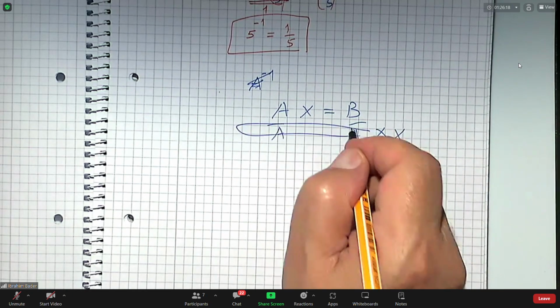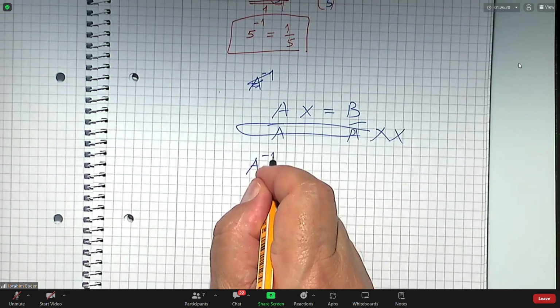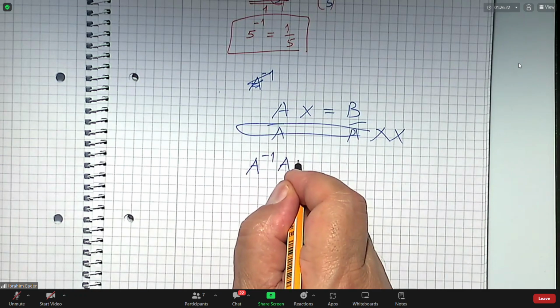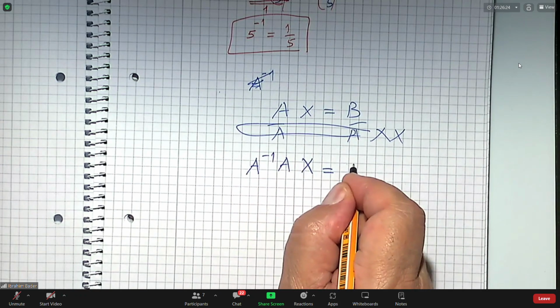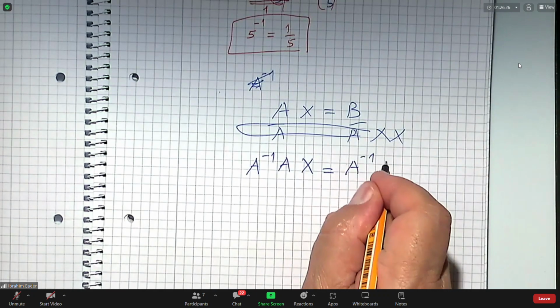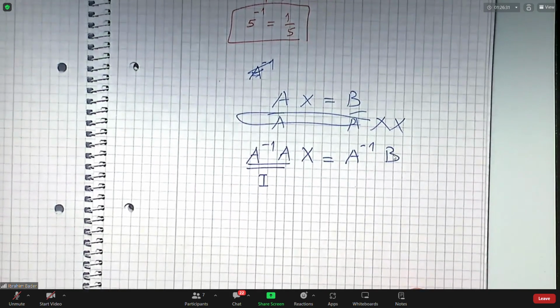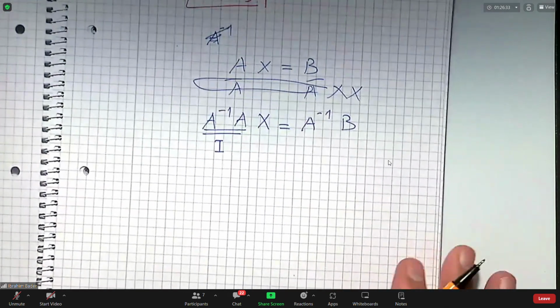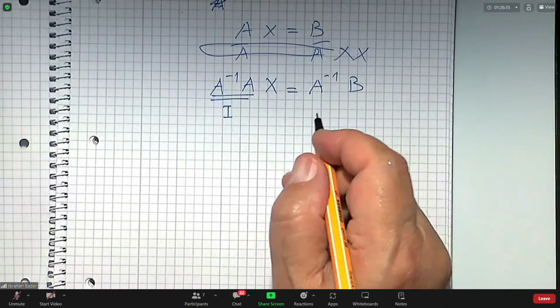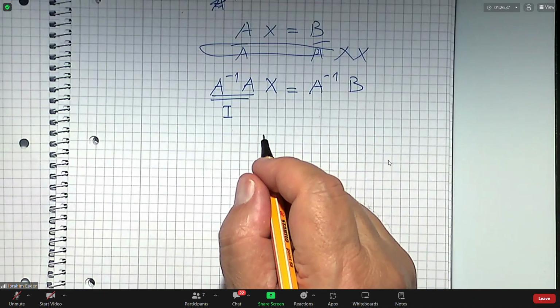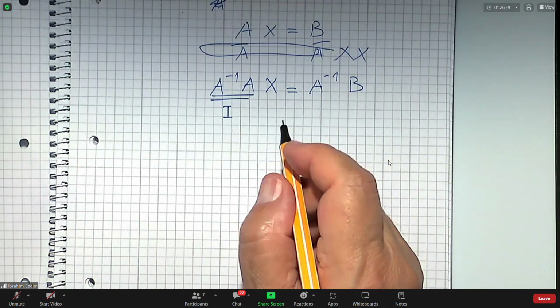No problem. What we do here, we will just multiply by the inverse to get rid of A, because this will give me the identity. And this is how we will work on solving matrix equations.